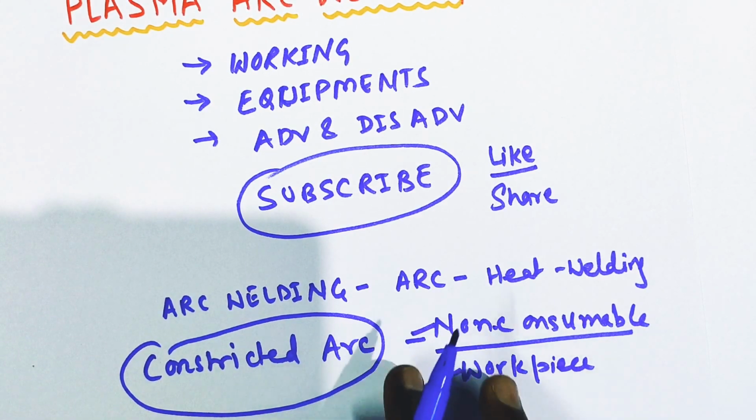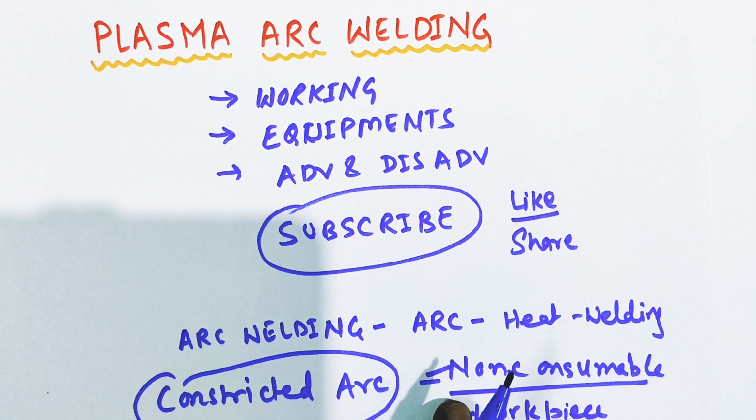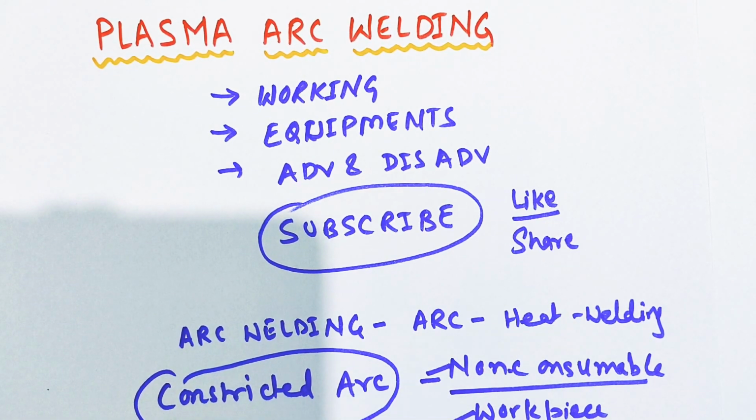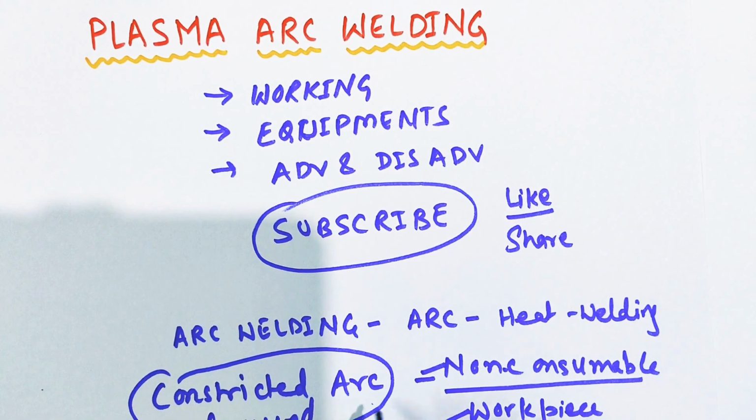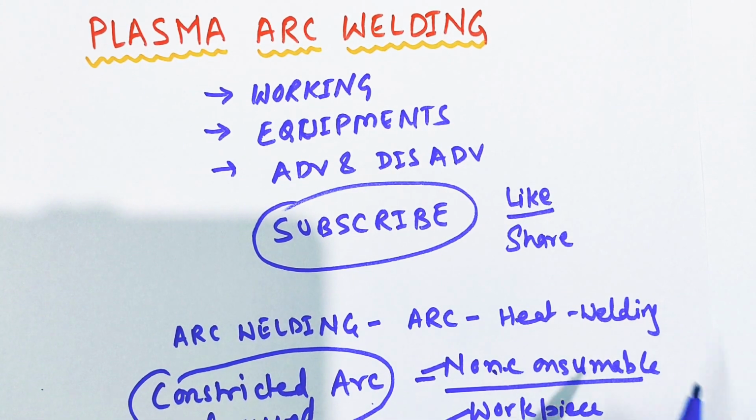Friends, whenever we discuss plasma arc welding, instead of arc we use the term constricted arc. Constricted is nothing but a very focused and narrow arc. So this narrow arc is produced between the non-consumable electrode and the workpiece.